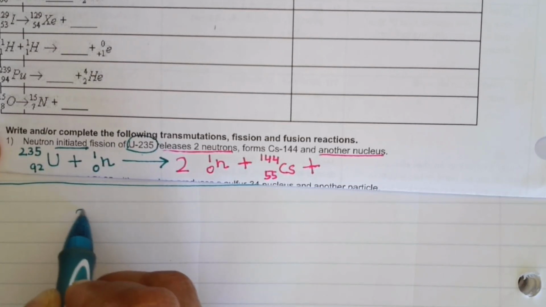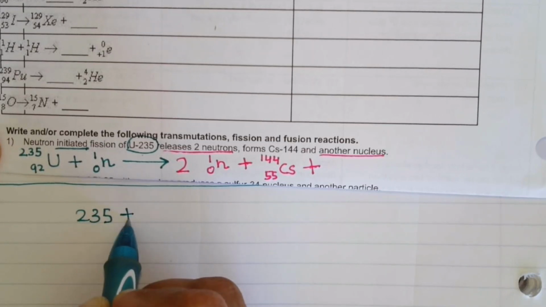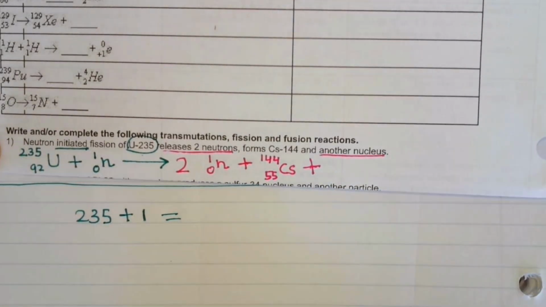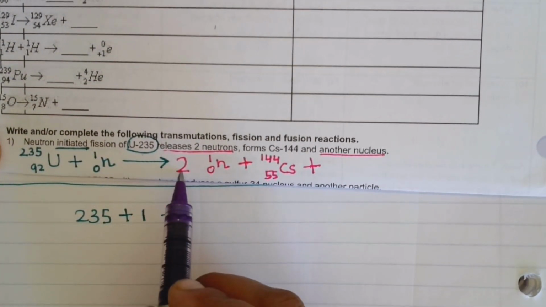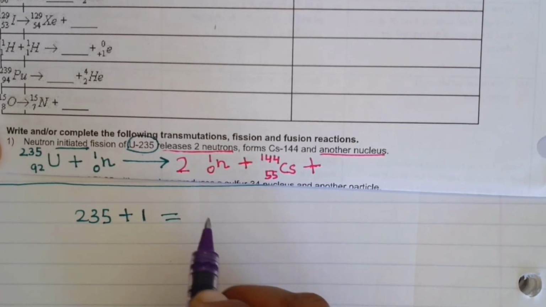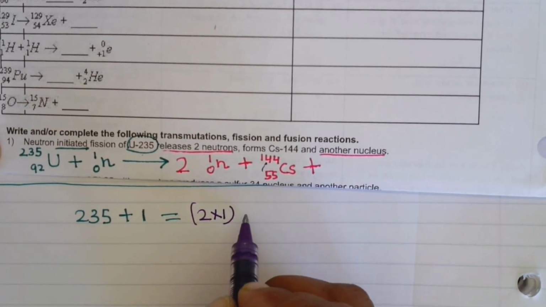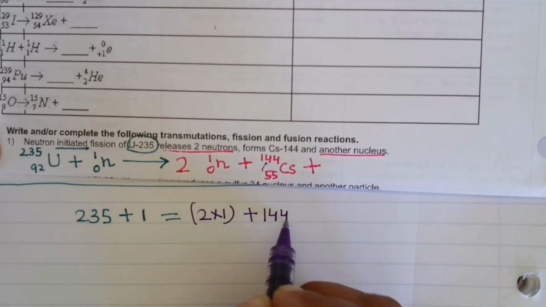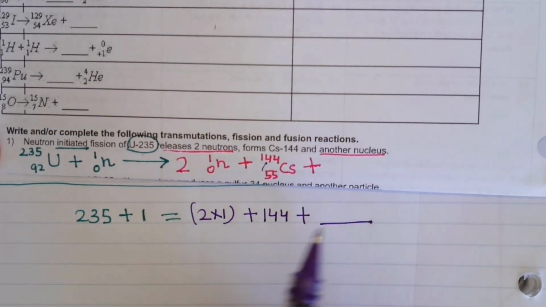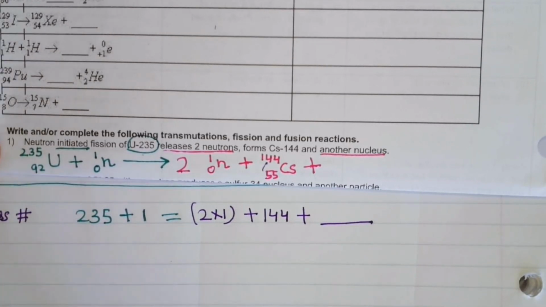So we have 235 on this side and then 1 neutron. So this is what I have on the left hand side, and on the other side of the equation I have 2 neutrons. Mass of 1 neutron is 1, so 2 times 1. Then the mass number of cesium, which is 144, and then the mass number of the new daughter nucleus, right? So this is for the mass numbers, because mass number is conserved, right?